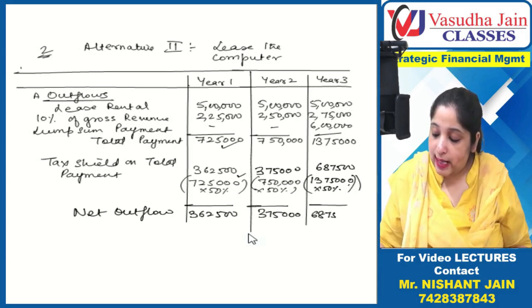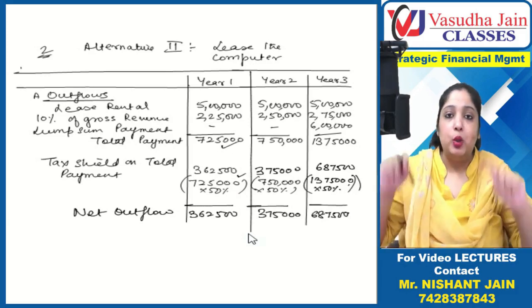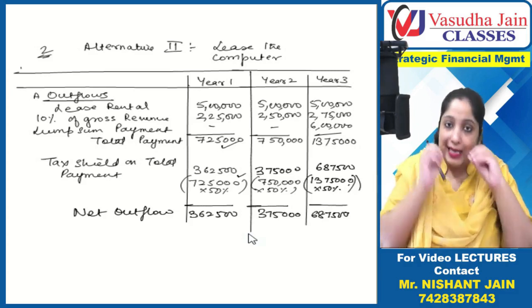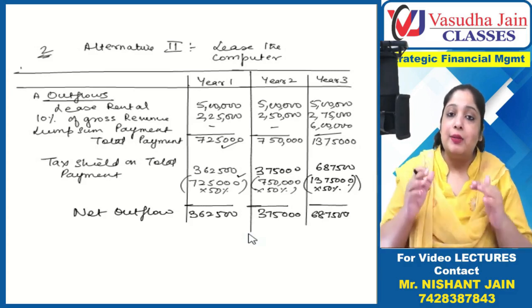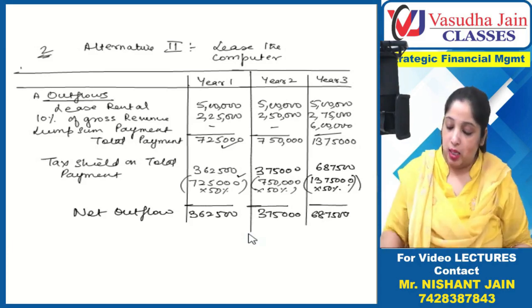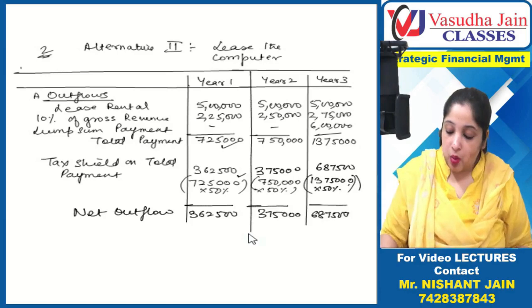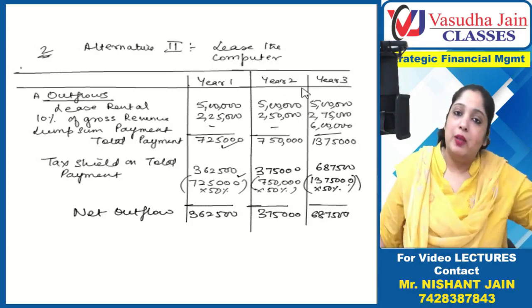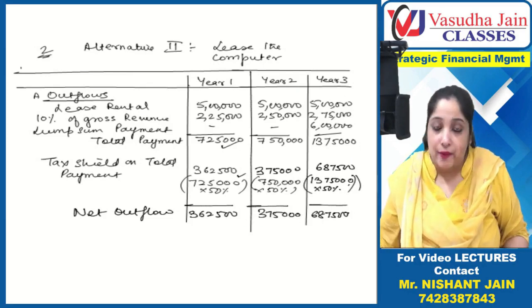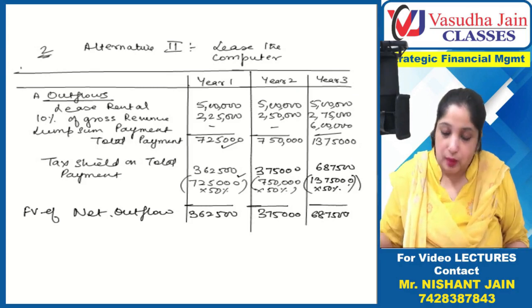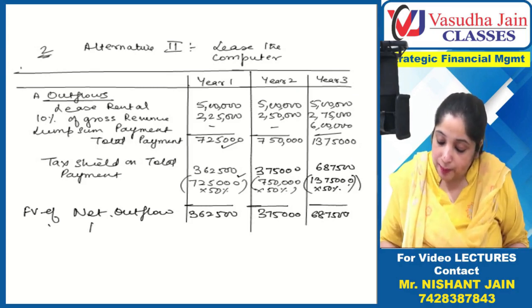What you have to understand is whatever payment you make to the lessor in the lease option is treated as an expense until and unless otherwise told in the question. Okay. So this is the net outflow. Now this outflow is taking place in the year 1, 2, 3. How can we compare with the first option? So let us find out the present value of this. This is the future value of cash outflows. Now we will multiply with present value factor at the rate of 8%.